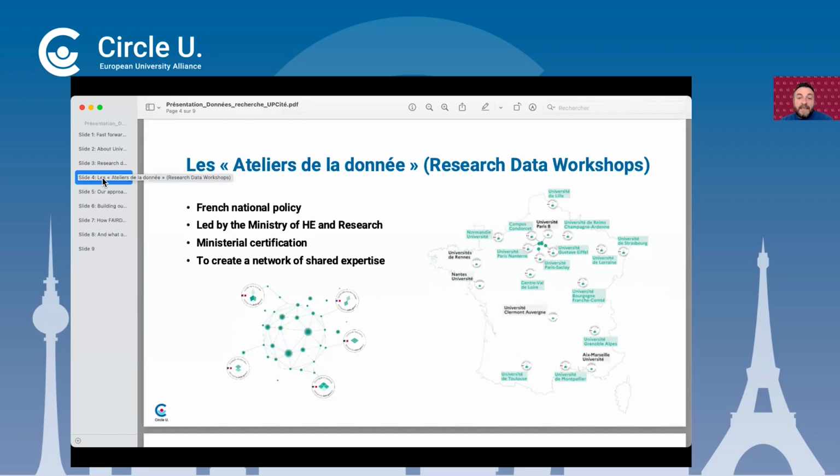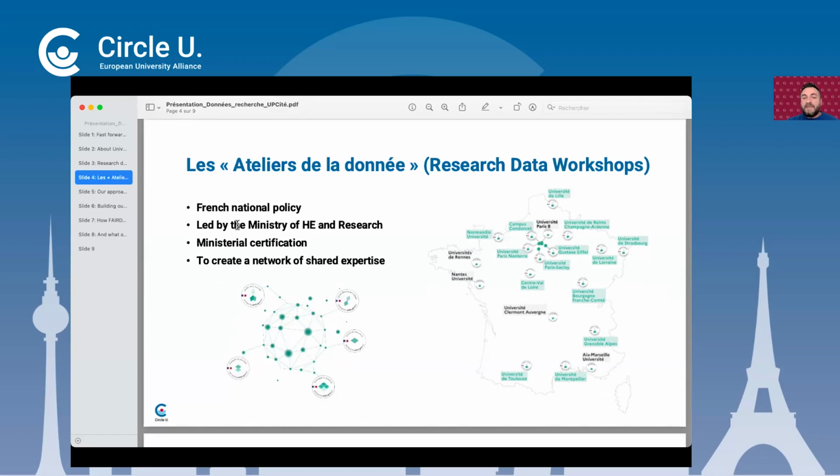At Université Paris Cité and the Institut Pasteur, we're working closely together on these issues within the national program known as Atelier de la Donnée, research data workshops, if you want, led by the Ministry of Higher Education and Research in France.